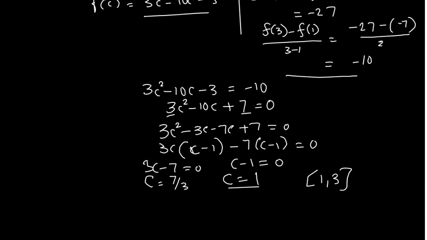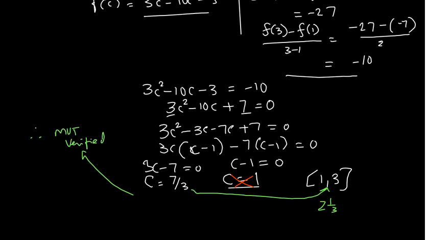Sixth one, that's 2 3. So f of x equal to x squared minus 1. So f dash x equal to 2x. So f dash c equal to 2c. Interval is 1 comma 2.